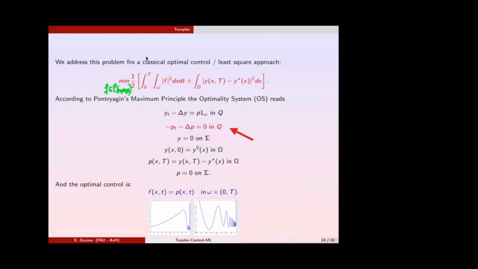I will tell you which one is the best. And the best is that you minimize this quadratic functional.